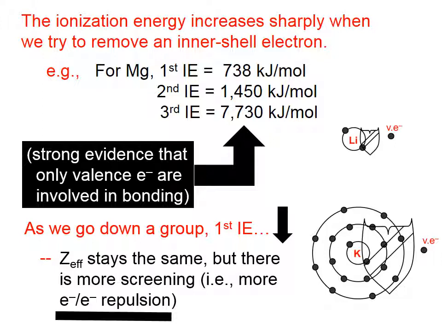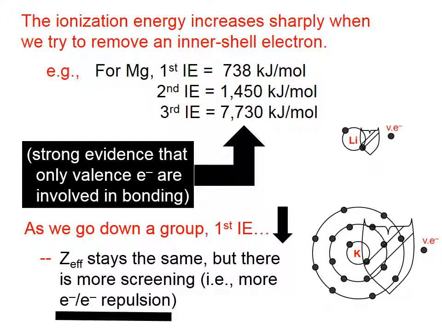You can see that I've represented the single valence electron off to the right of each of these atoms, and I've represented the core or kernel electrons with dots and a shield. And you can see that with potassium, the shield is much, much more elaborate. In other words, there's a lot more negative charge here than there is in the case of lithium.